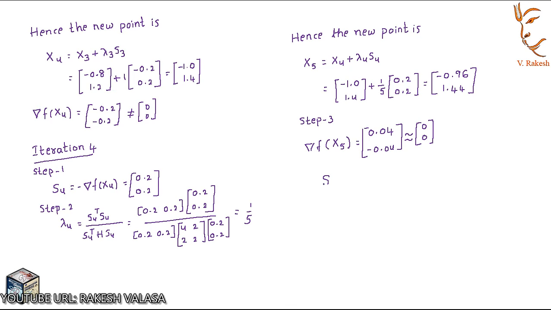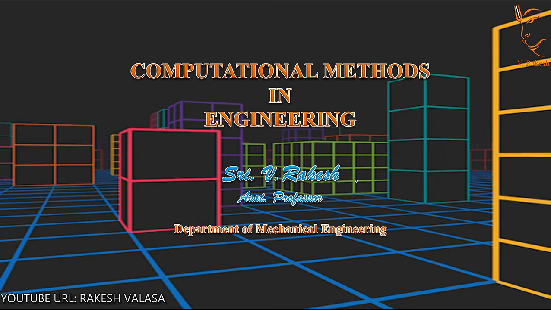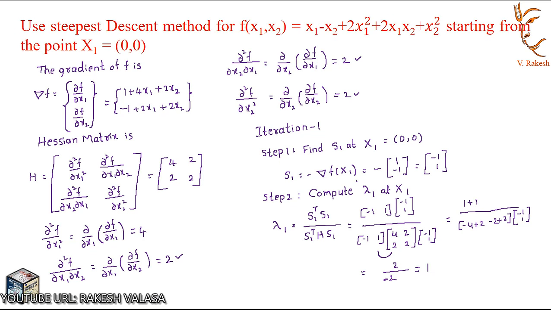So x5 is optimum. X5 equal to minus 0.96, 1.44. That value is the minimum point for the given function, that is x1 minus x2 plus 2x1 square plus 2x1 x2 plus x2 square.